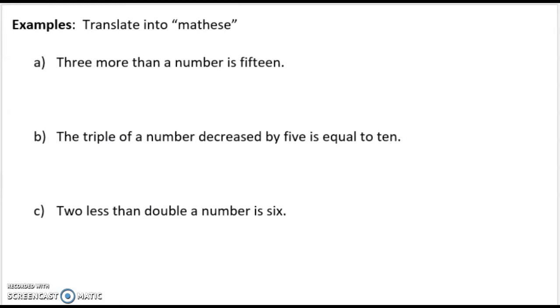So some examples, translate into math-ese. So the first one says 3 more than a number is 15. Okay, so 3 more than a number means plus 3. A number could be represented by the letter N. The word is means equals.